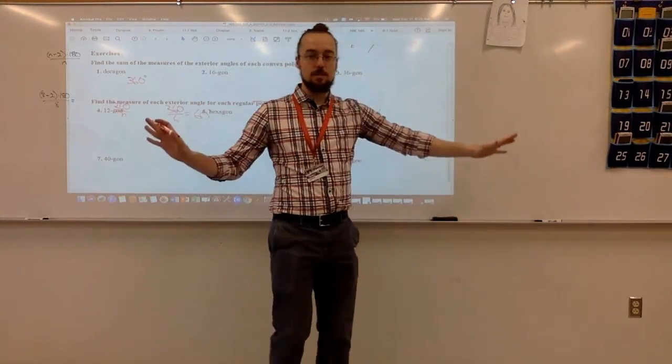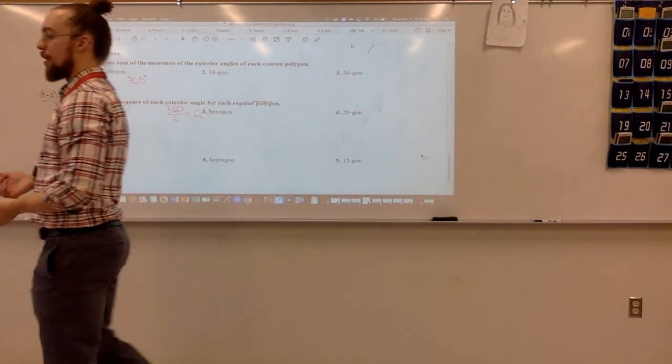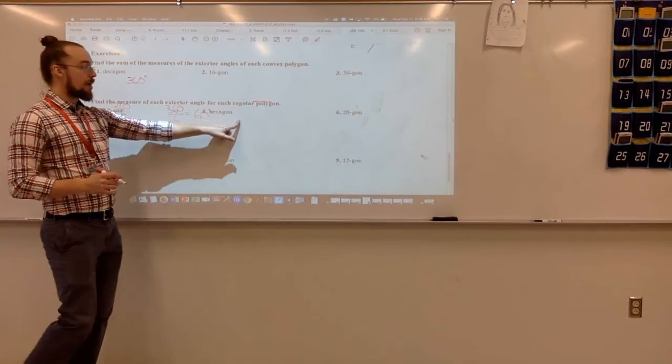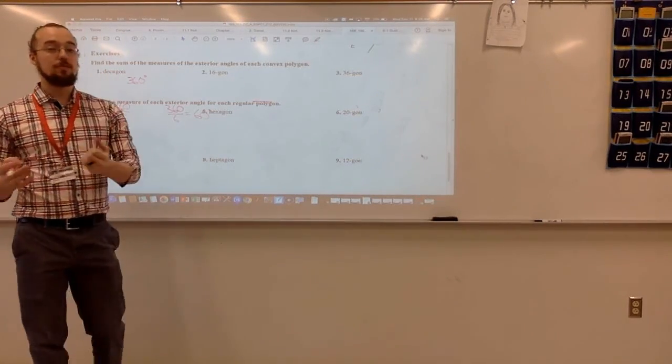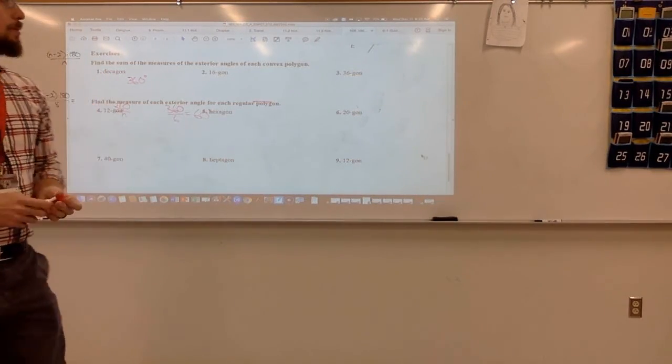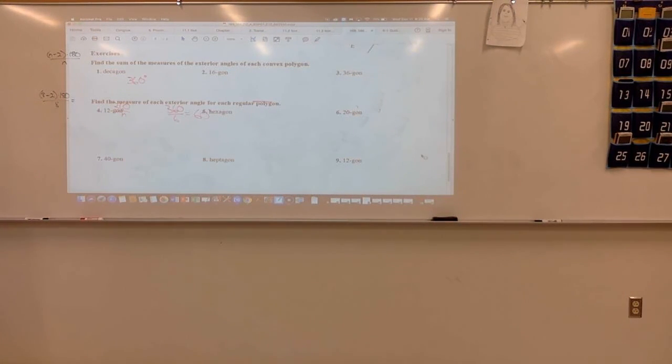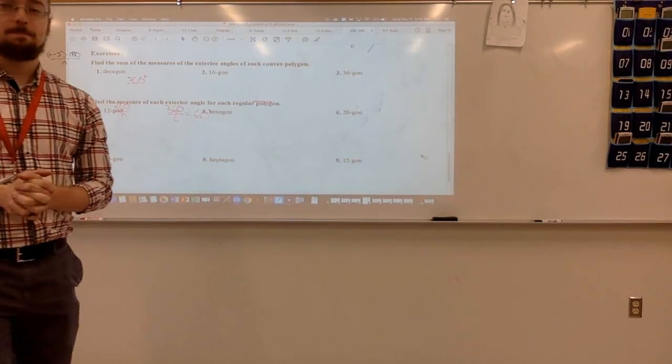No matter how many sides it has, the sum of the exterior angles is 360. And then if I know that these are regular polygons, to find each individual exterior angle, I would just take 360 divided by the number of sides. Any questions? Number 8. Yes. Can we get decimals? Yes. Okay. Any other questions?